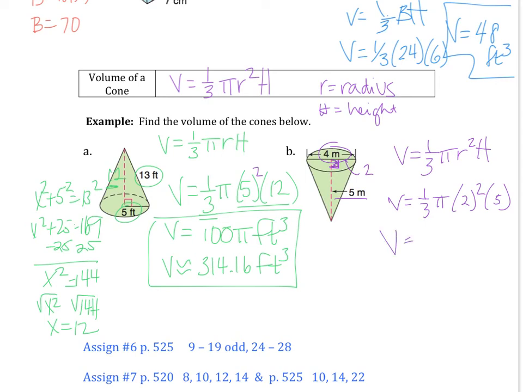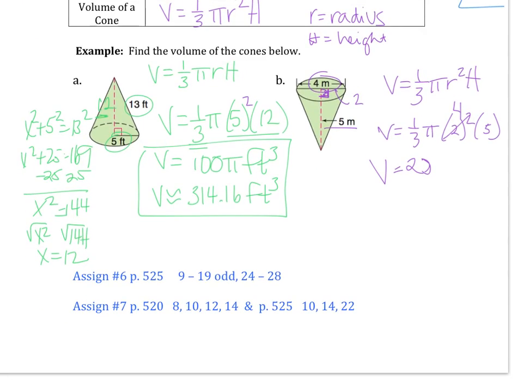We're going to leave it as a fraction for this one. So 1 times 2 squared, which is 4, times 5, so that's 20. So that's 20 over 3 pi, and we're talking meters cubed today. And then for my decimal, or approximate, answer, I'm going to do that fraction on my calculator, multiply it by pi, and I get 20.93 meters cubed.